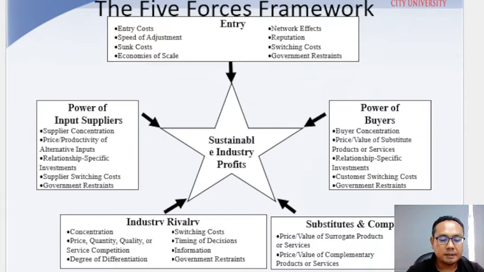And then industry rivalry, of course, can affect the sustainability of industry profit. Rivalry tends to be less intense, and hence the likelihood of sustaining profit is higher, in concentrated industries, that is, those with relatively few firms. We can study more about this in another chapter.